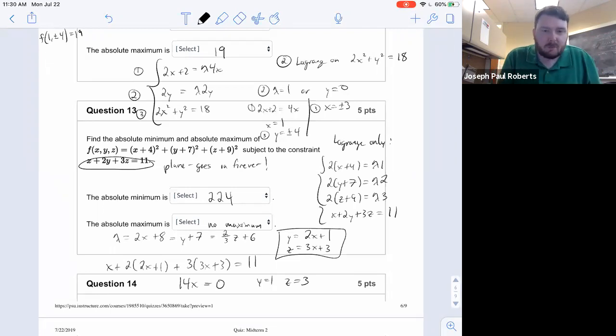If you weren't sure about that, you could have said, okay, I only get this one solution. Let me try another point that works. So for example, 11, 0, 0 works on this plane. And so you clearly get something that's bigger than 224, because as soon as you plug in the x, you get 225 plus 49 plus 81, which is clearly bigger than 224. So that could have also helped you figure out what was going on. So anyway, just another thought.